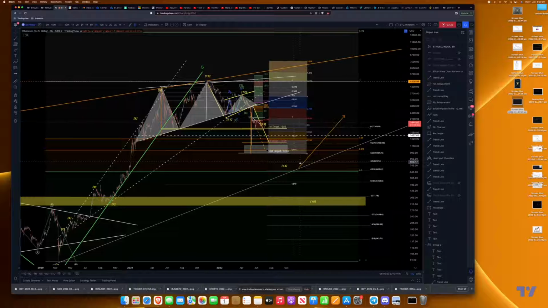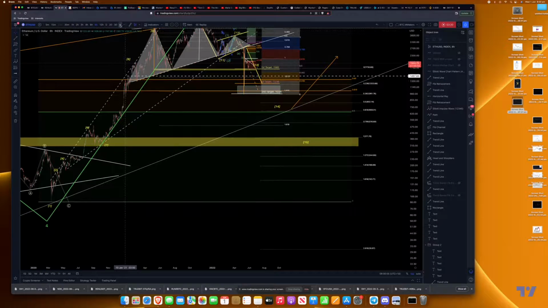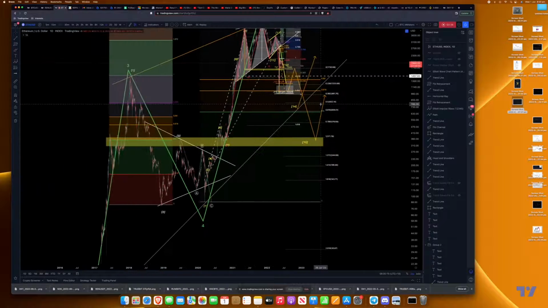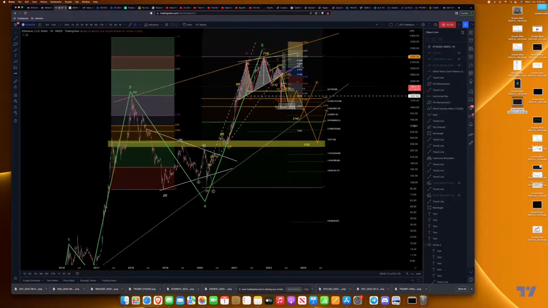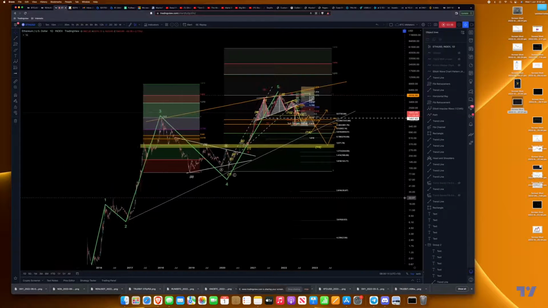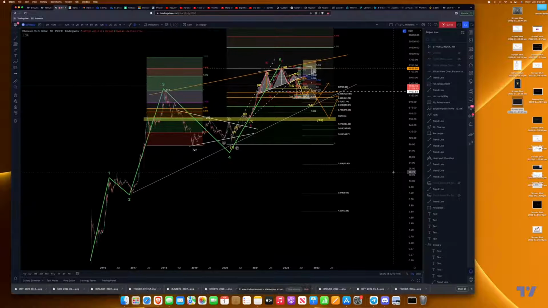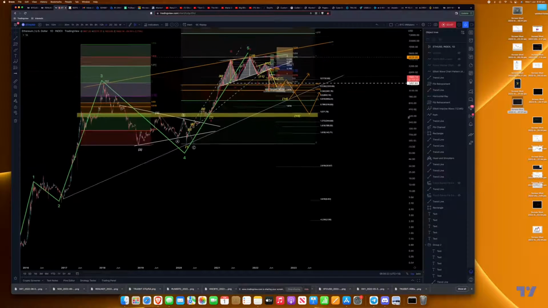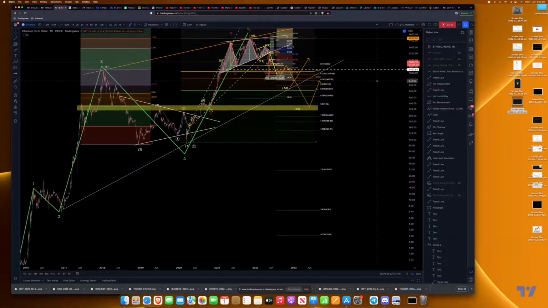So if we look at the bigger picture, what do we have on the daily? Just to get a perspective, we have this massive structure, and we completed wave 5. We're doing our ABC. So if you can see close up, I have 2 levels of interest.